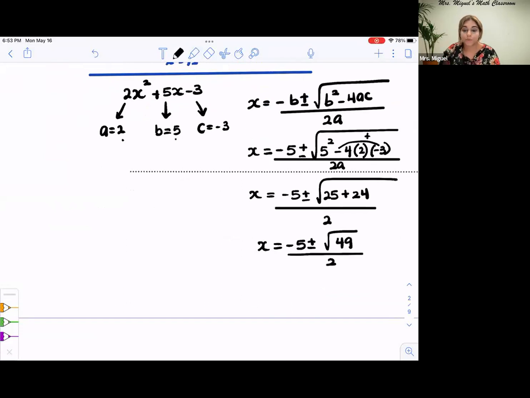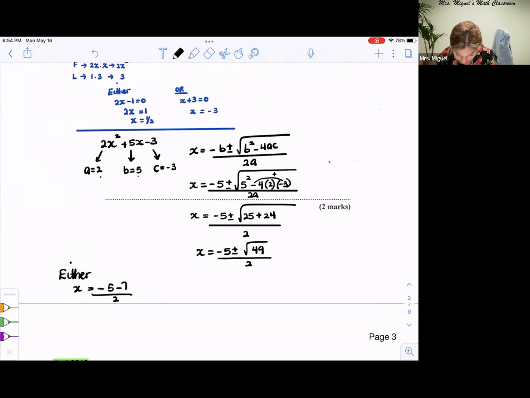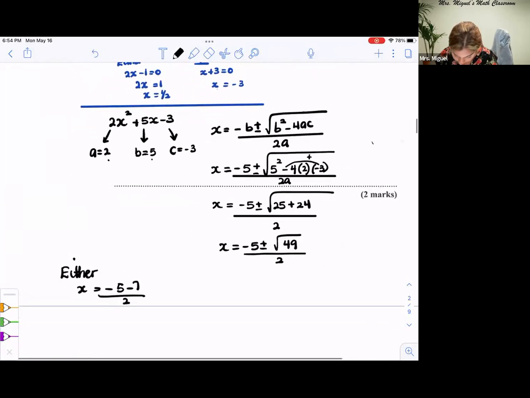We know the square root of 49 is 7. So either x is -5 minus 7 over 2, or x is equal to -5 plus 7 over 2.